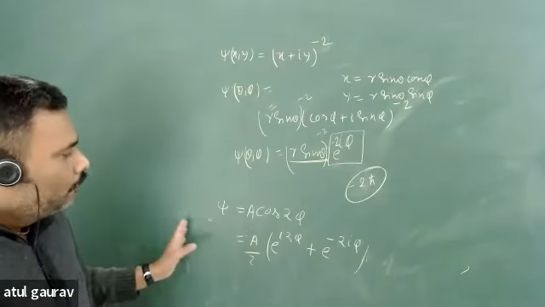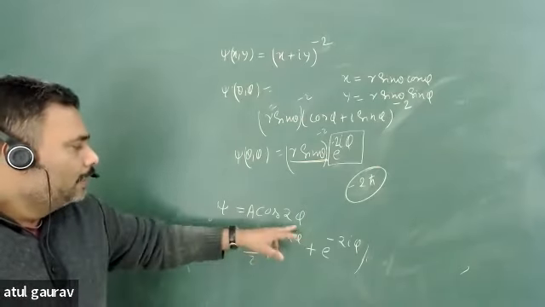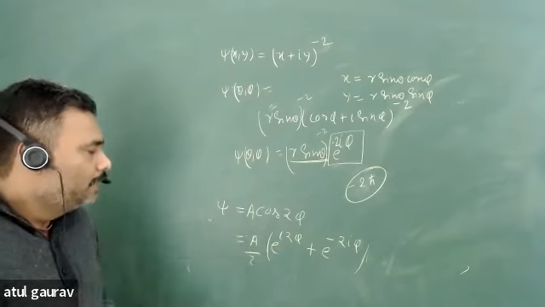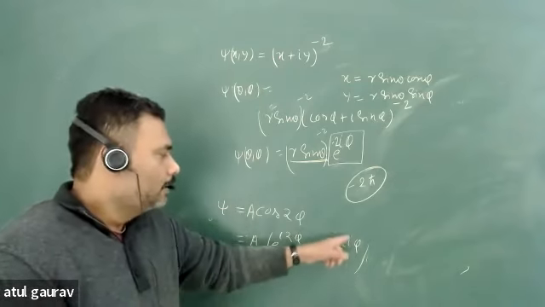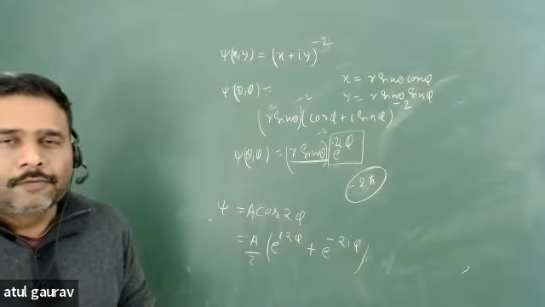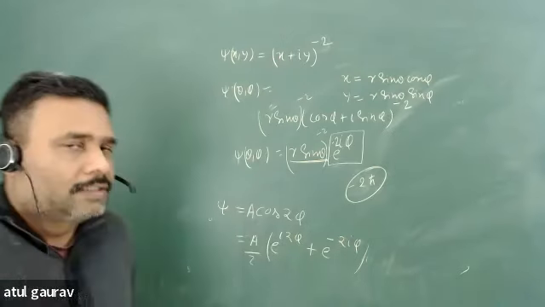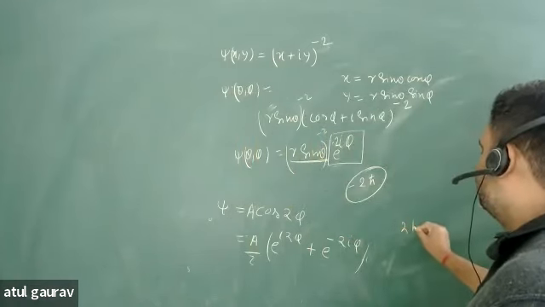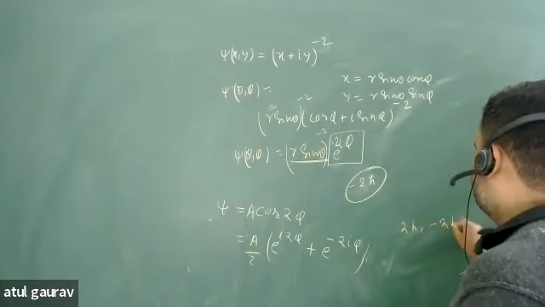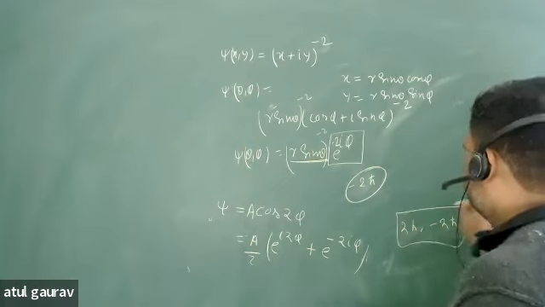So now LZ is measured. If LZ is measured on this one, what will be the measurement? 2h cut. And on this one? -2h cut. So here the answer will be 2h cut and -2h cut. Clear?